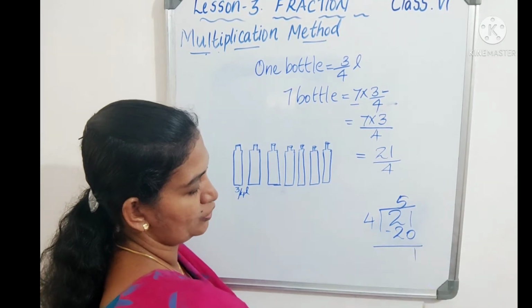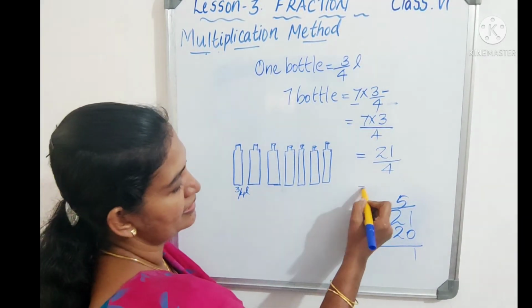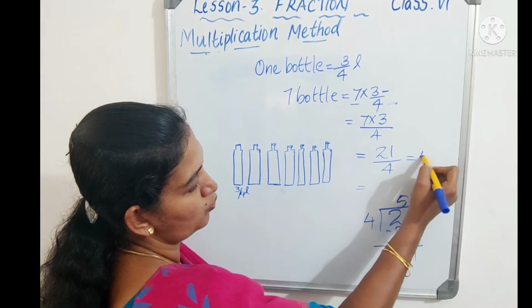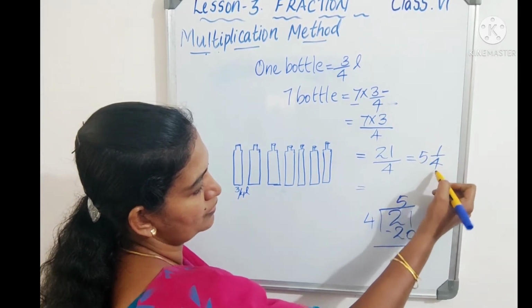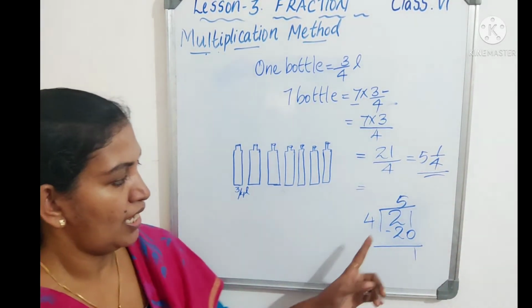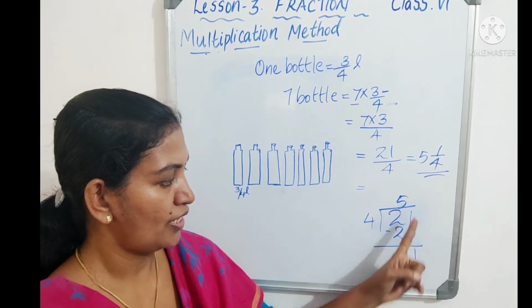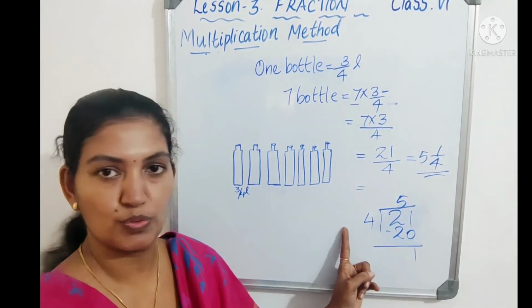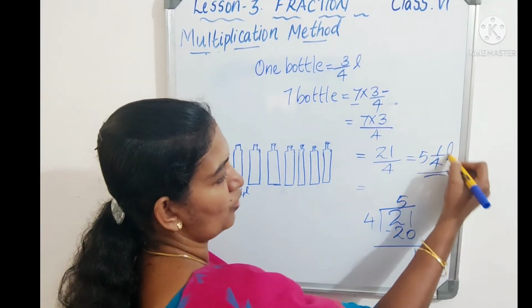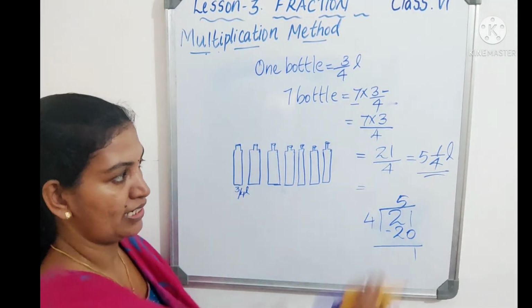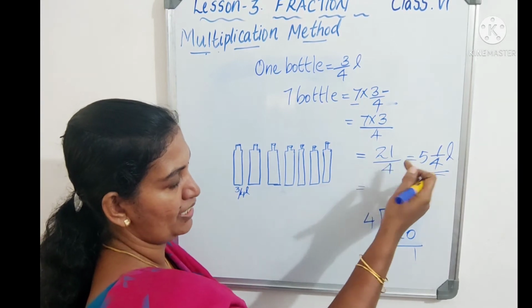Then the remainder is 1. So we get 5 1/4, that means 5 and a quarter liter.